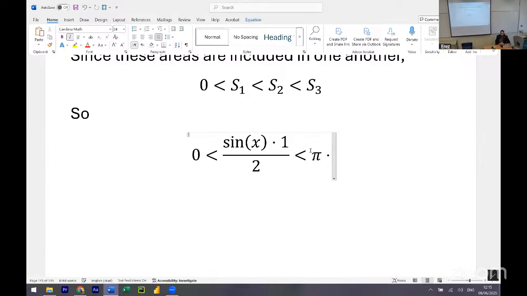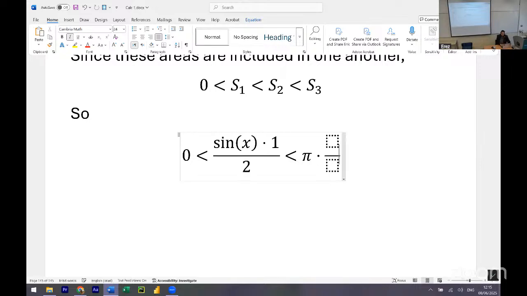And what is the relative size of the section? X over 2 pi. So it's x over the entire circumference. It's the part of the angle out of the whole circle.